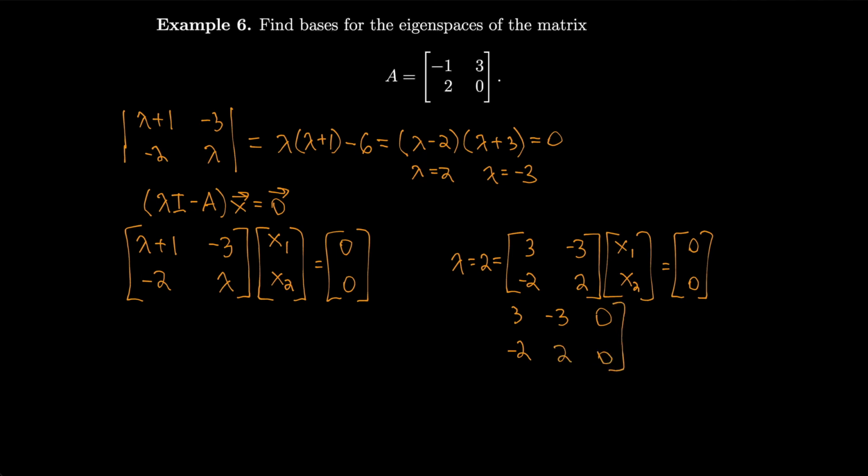So how about we write the matrix together as 3, minus 3, with a 0 adjoined, minus 2, 2, 0, our augmented matrix. And we'll put that in reduced row echelon form. As you can see, the bottom row is a multiple of this row. You could just divide the top row by 3, so you get 1, minus 1, 0, and then add 2 of those to the bottom, and it'll zero it out.